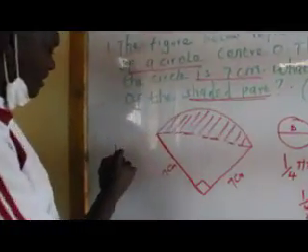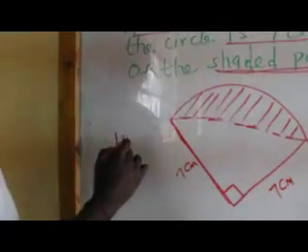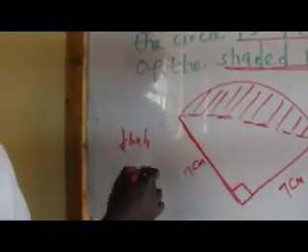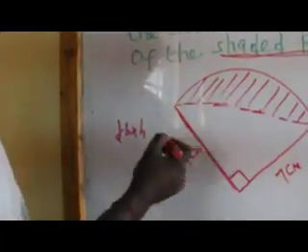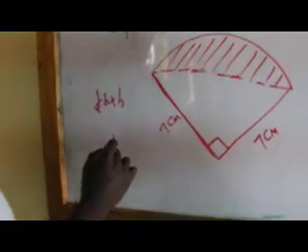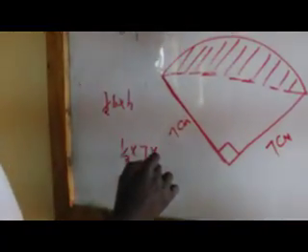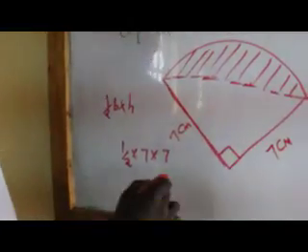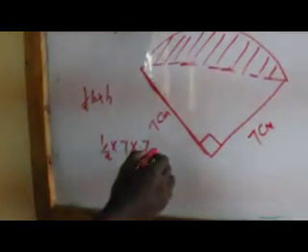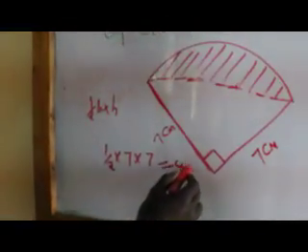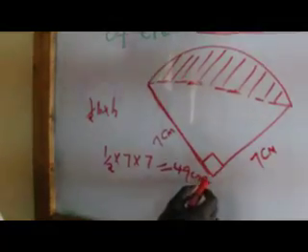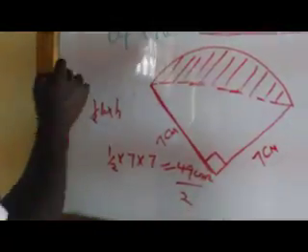Area of a triangle is given by half base times height. Here is our base and this is our height. We are going to say a half times our base 7 times our height 7, which is going to be 7 times 7, giving us 49 centimeters squared divided by 2.